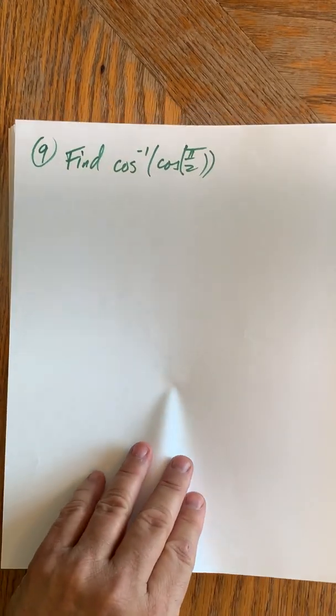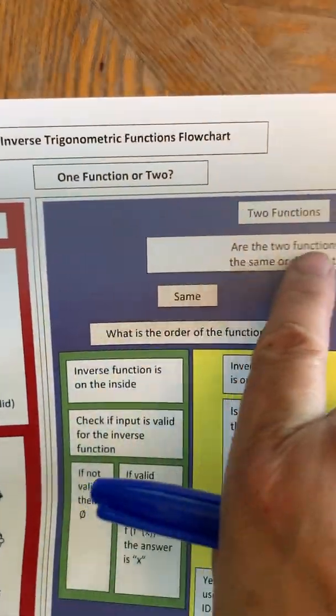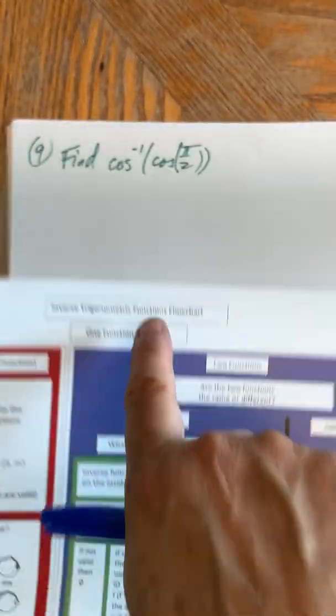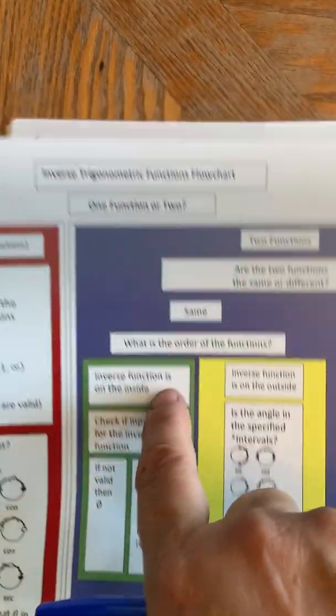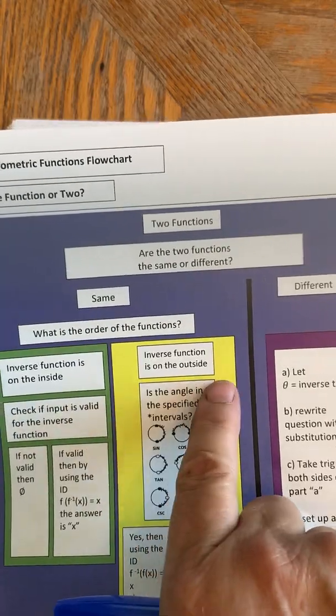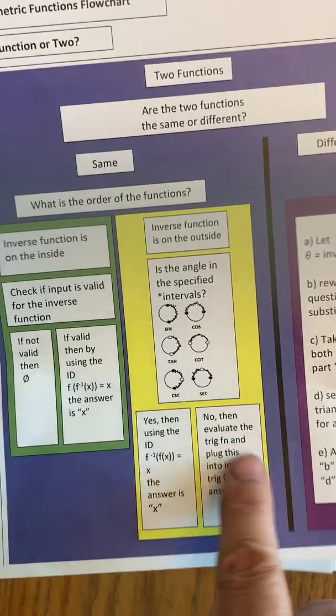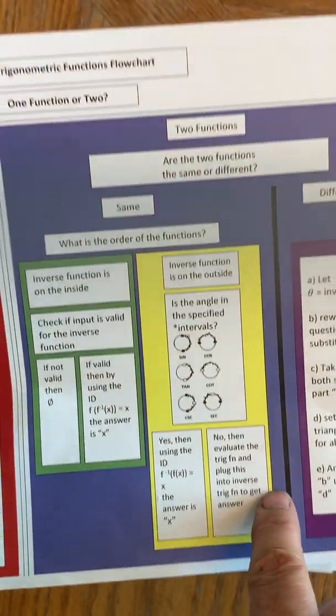Number 9. Okay. Again, you're working with two functions, same functions, cos, cos. And in this case, the inverse is on the outside. So you will come up with an answer, you just don't know if you're going to be able to use the identity, or you have to evaluate the trig function first.